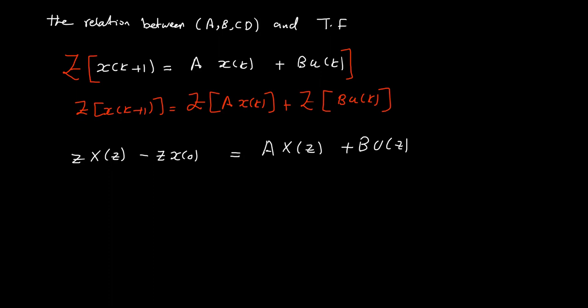So now this can be written as z multiplied by the identity matrix minus A, x of z, will equal to z x of 0 plus B u of z.